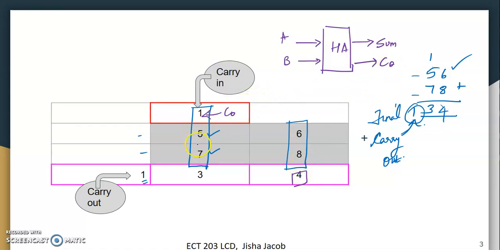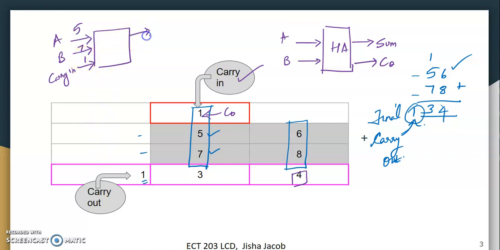Now let us go on to the tens place. In the tens place I have 3 inputs. 5 and 7 are the 2 digits, and I have an extra input which goes by the name carry in. So this next kind of adder takes in 3 inputs, that is A, B, and carry in. In this case A and B are 5 and 7, and the carry in is 1.